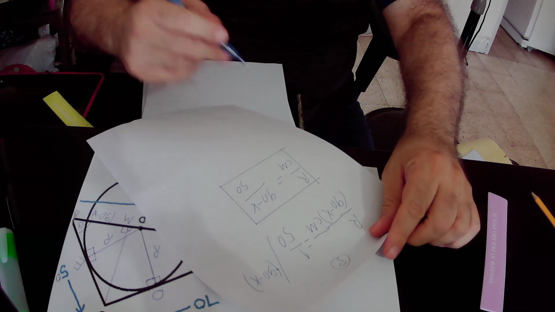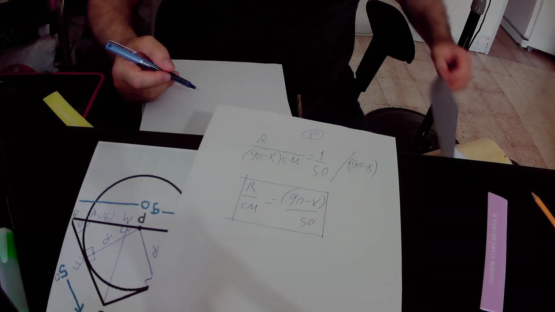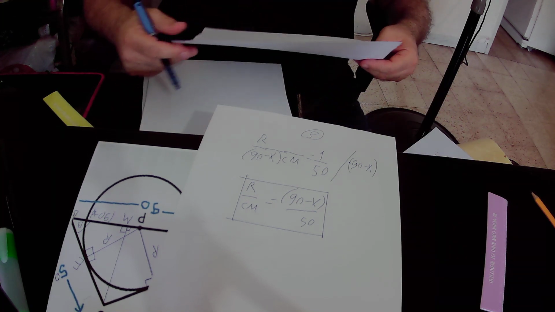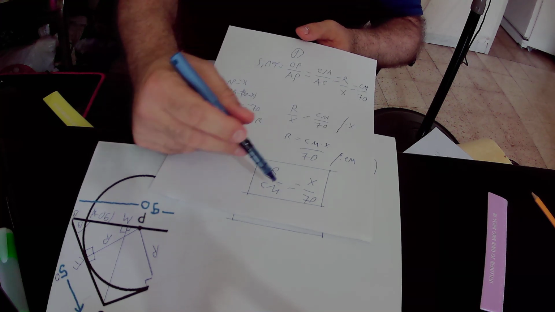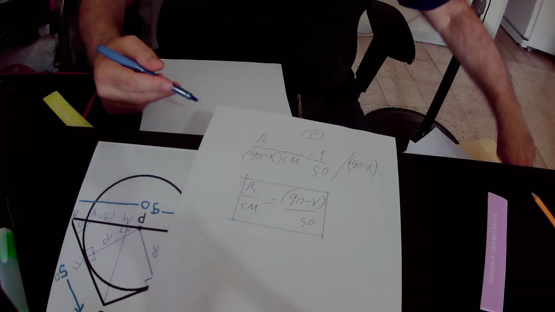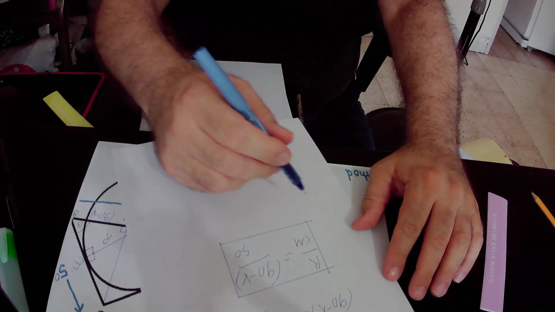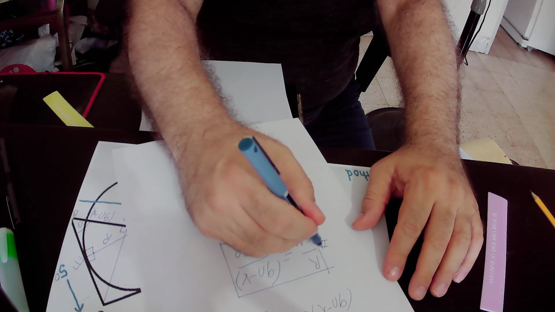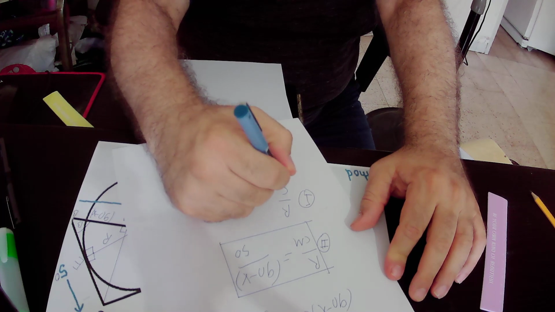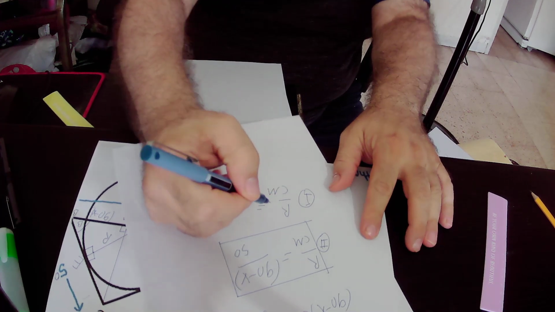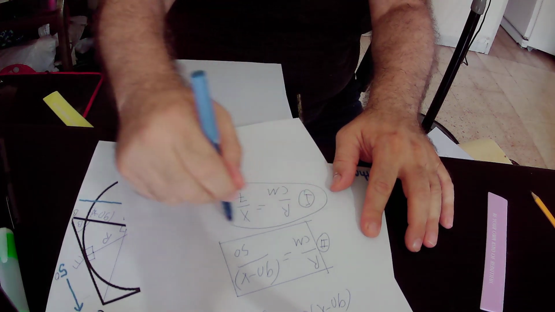Okay, so actually we got previously that R over CM equals x over 70. This will be the first equation.